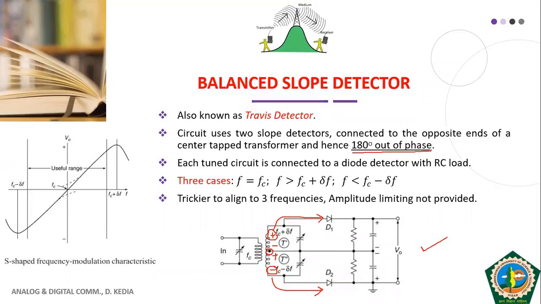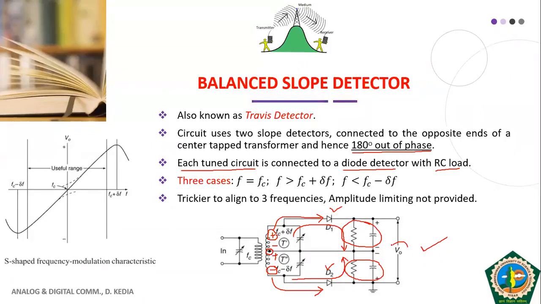Another thing, as I just told you, both the tuned circuits are connected to a diode detector, means there are two diodes and RC load. Each diode is connected with a combination of resistance and capacitance separately. We know that a diode is a single direction device. So in the upper portion, your current flows from upward direction to the downward, and in the lower part of the circuit, through your diode D2, your current flows from the downward direction to the upward direction.